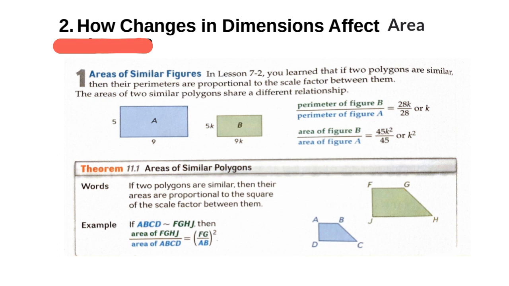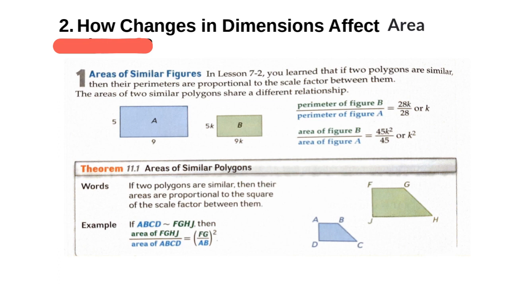Now let's explore how changes in dimensions affect area. So we have already learned that if two polygons are similar, then their perimeters are proportional to the scale factor between them. The areas of two similar polygons share a different relationship.